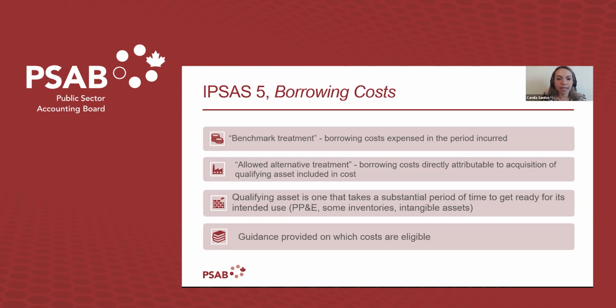The borrowing costs that are directly attributable to the acquisition, construction, or production of a qualifying asset are those borrowing costs that would have been avoided if the outlays on the qualifying asset had not been made. When an entity borrows funds specifically for the purpose of obtaining a particular qualifying asset, the borrowing costs directly related to that qualifying asset can be readily identified.